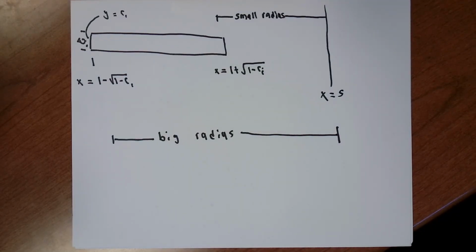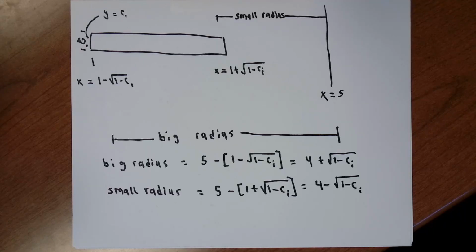Remembering our business about upper minus lower and rightmost versus leftmost, we can now write down formulas for the big radius and the small radius. So to finish setting my integral up, I need to do this.